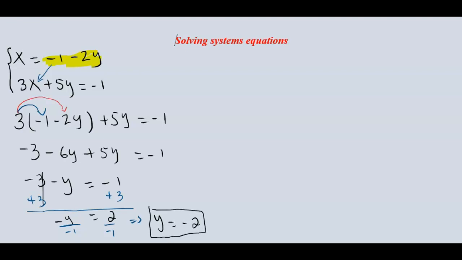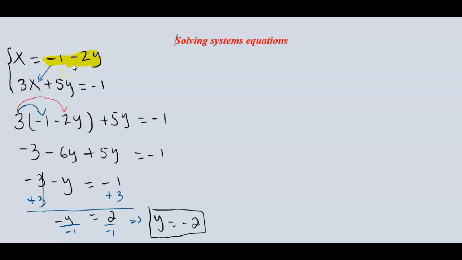Now that we have y, we can take that value and substitute it in either of these two equations from the original system. Since I need to find x now, I'm going to substitute the value for y in the first equation.